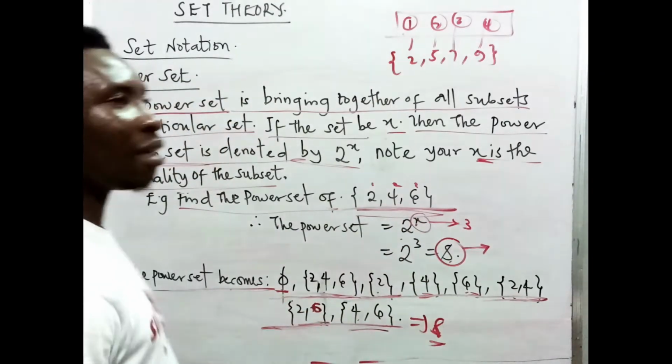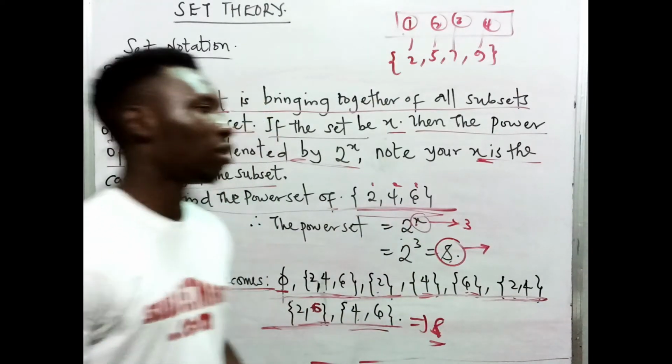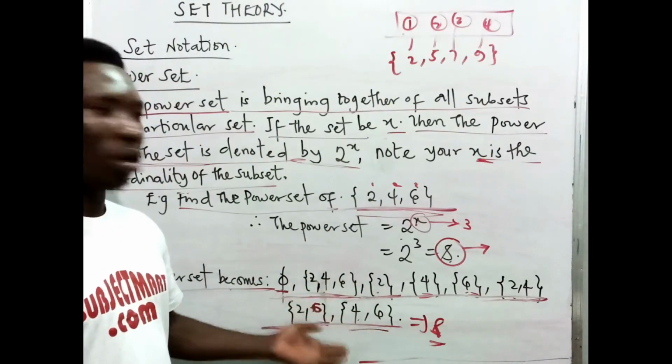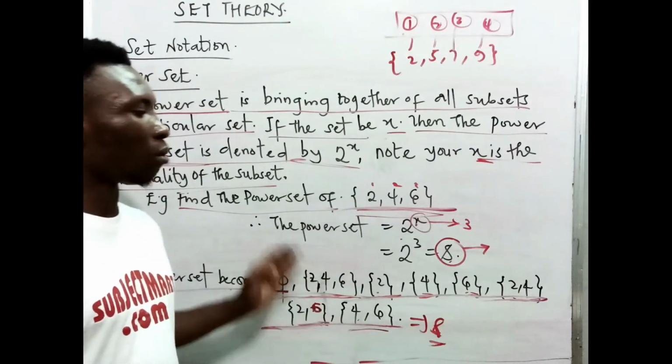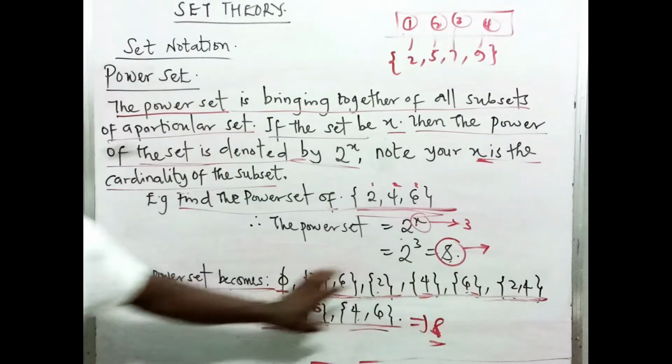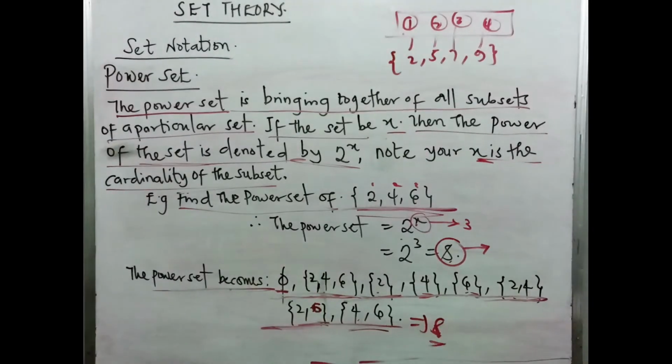No matter when you want to pick subsets, the subsets of this particular set can never be beyond these 8 subsets which have been given to us. So these 8 subsets are known as the power set.